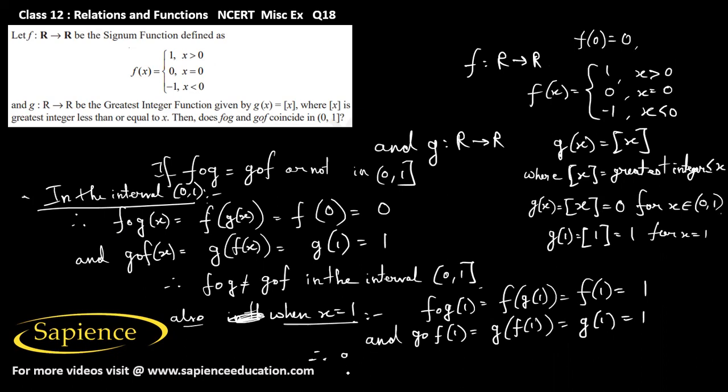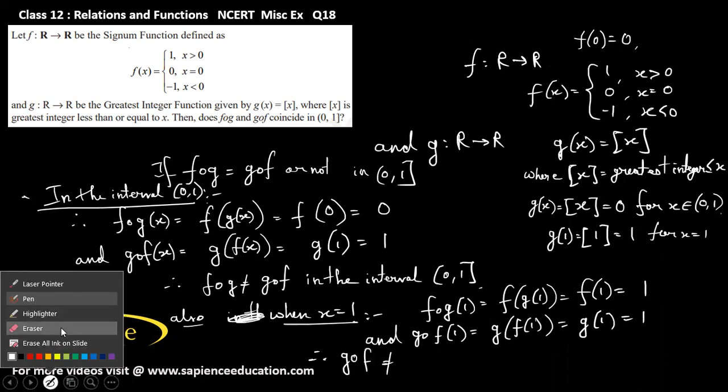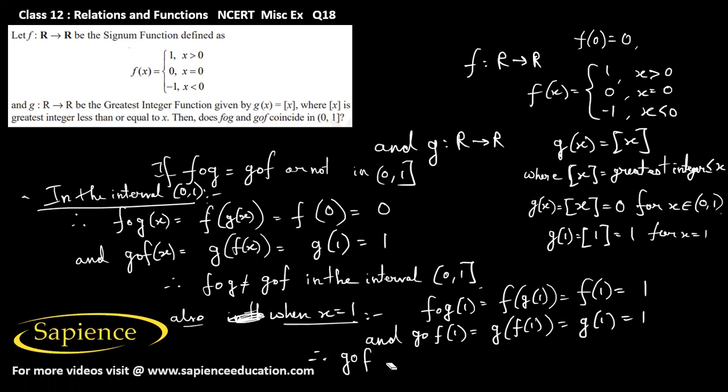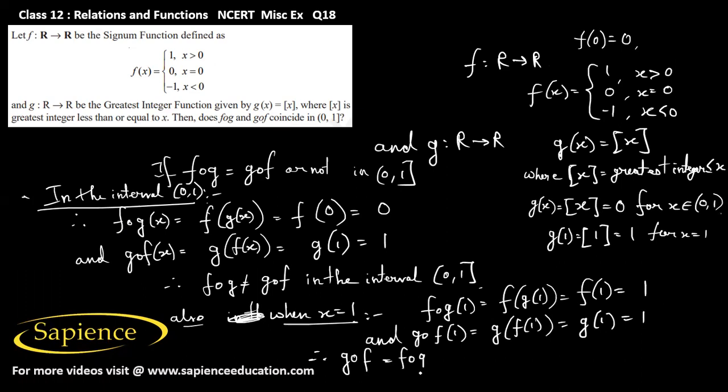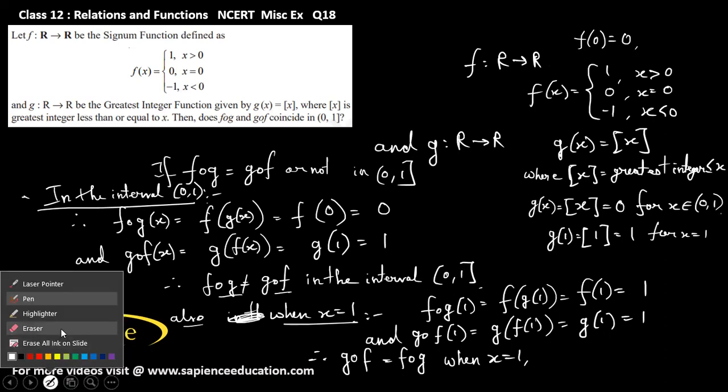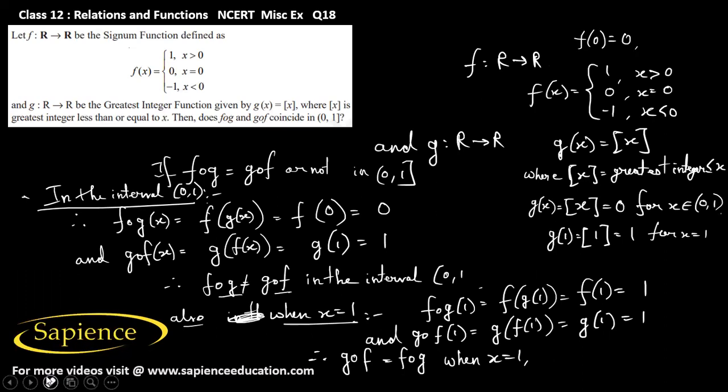So therefore g of f is exactly equal to f of g when x is equal to 1. But g of f is not equal to f of g when, sorry, here I should write open interval 0 to 1.